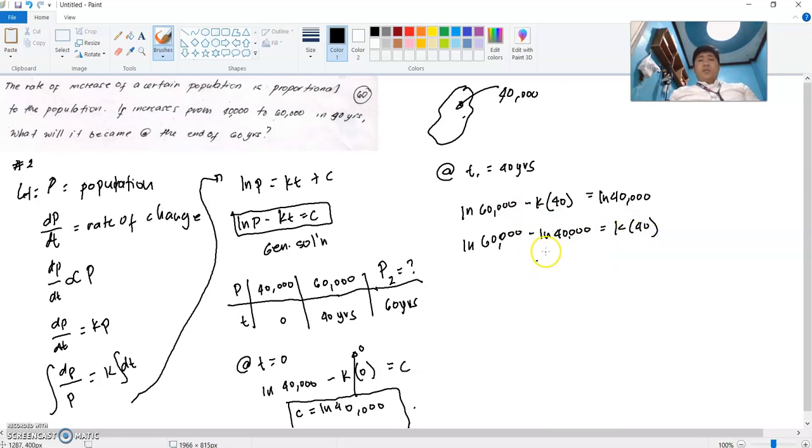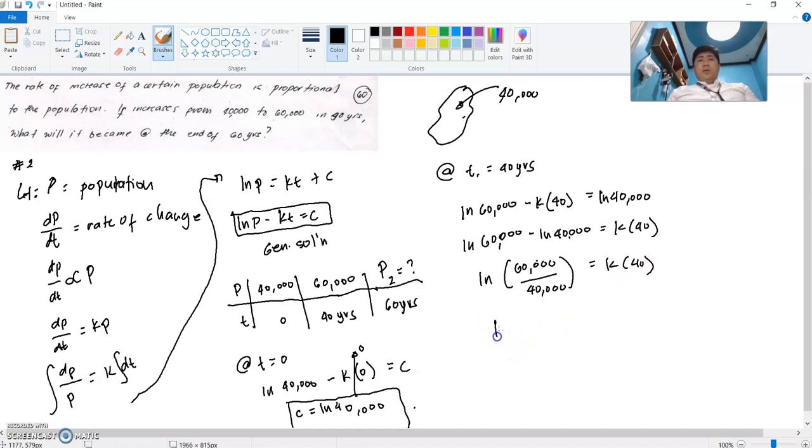So it becomes like this. Since it's negative, this is logarithmic, so you have ln 60,000 divided by 40,000 equals k times 40.